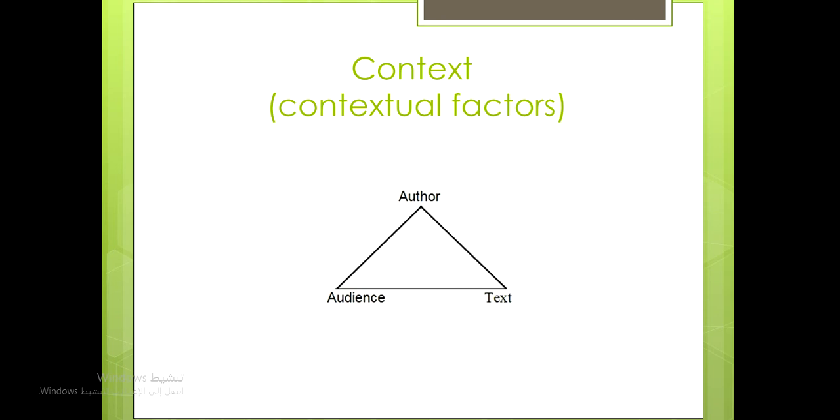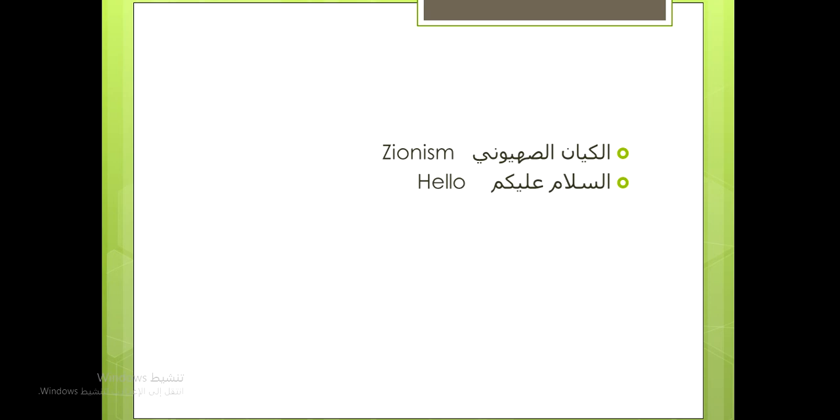Some focus on texts, others focus on authors or the audience. But what are the criteria for choosing the focus point? Well, let's see some examples to know how we can decide which we should focus on.